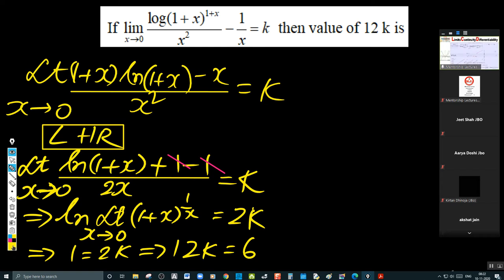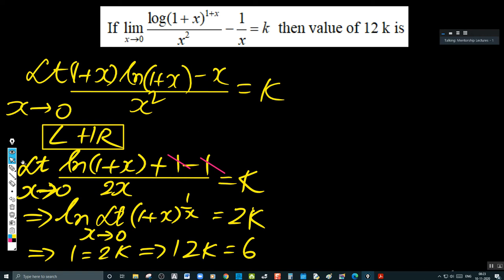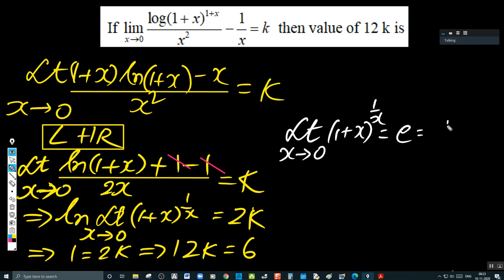The formula to be revised and remembered, important word: the limit of (1 plus x) whole power 1 by x as x tends to 0 is equal to e, which is equal to the limit of (1 plus 1 by x) whole power x as x tends to plus or minus infinity.